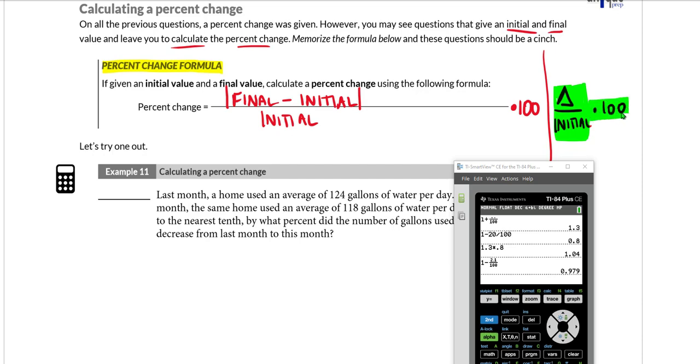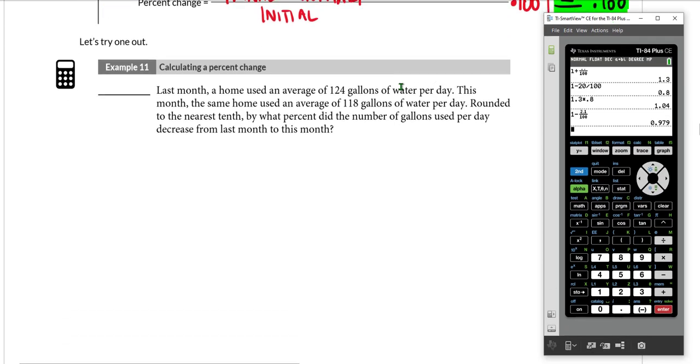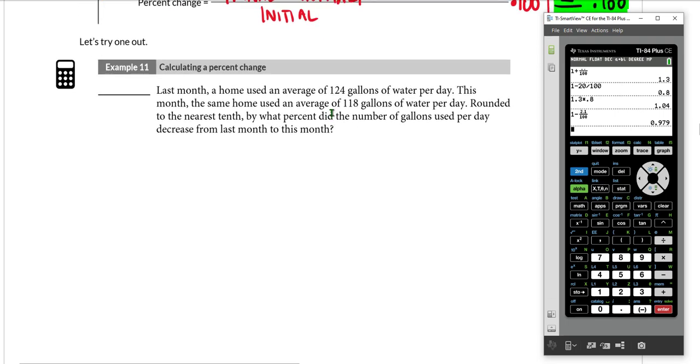So most likely you've seen this expression in some form or another at various points in your schooling. But again, just memorize change over initial times 100 or final minus initial over initial times 100.